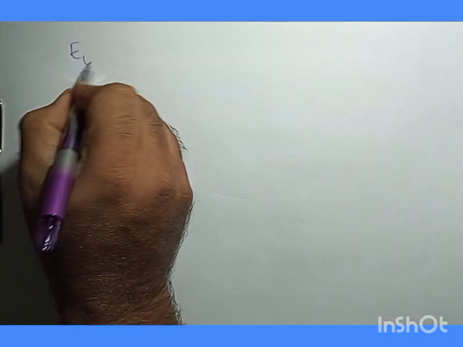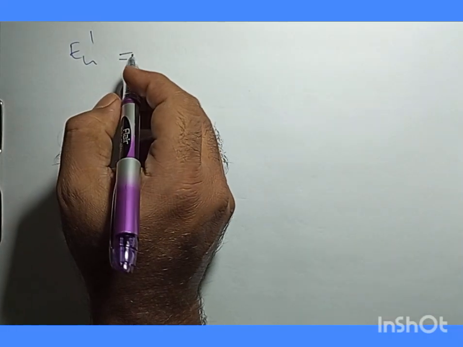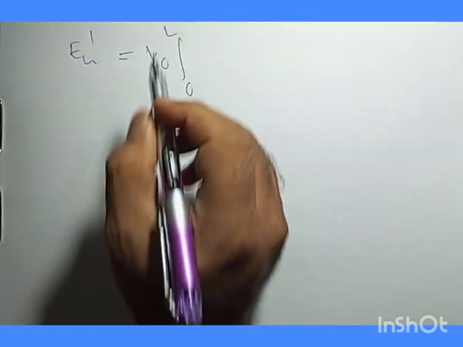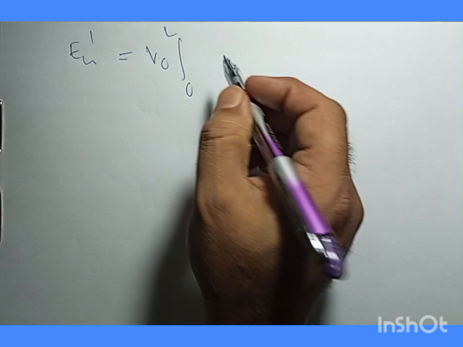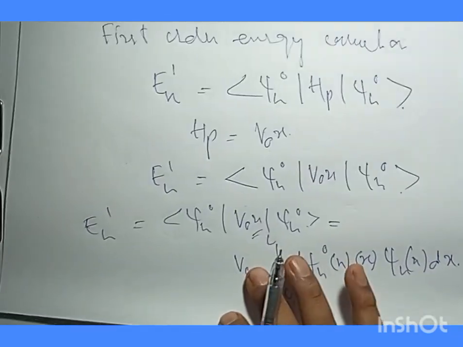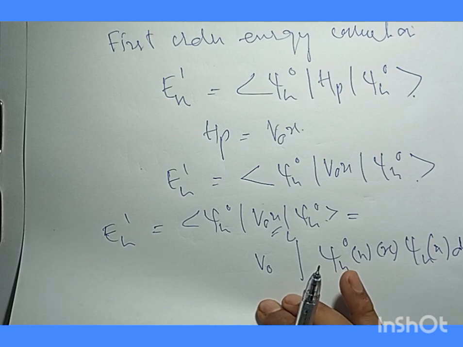So what we will have is En1 equal to V naught integral 0 to L, and then you will have psi n naught of x.